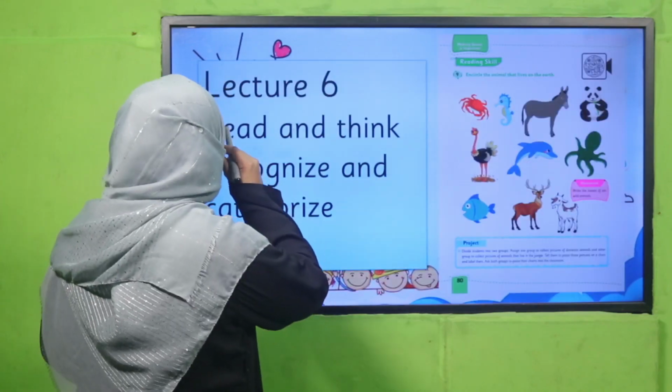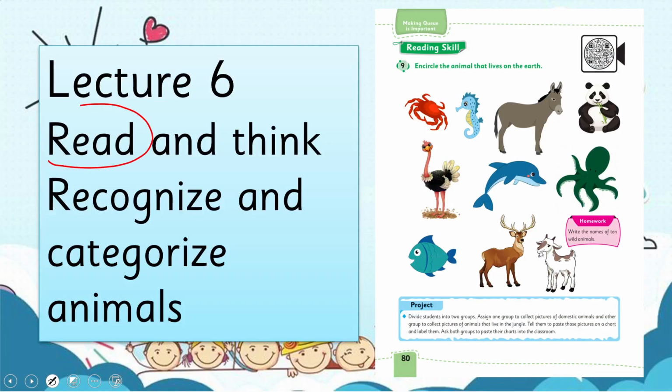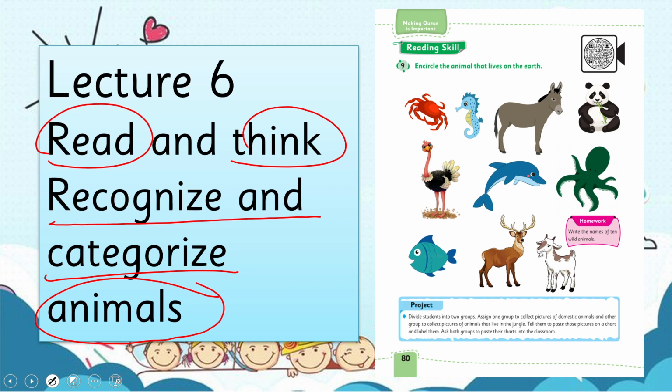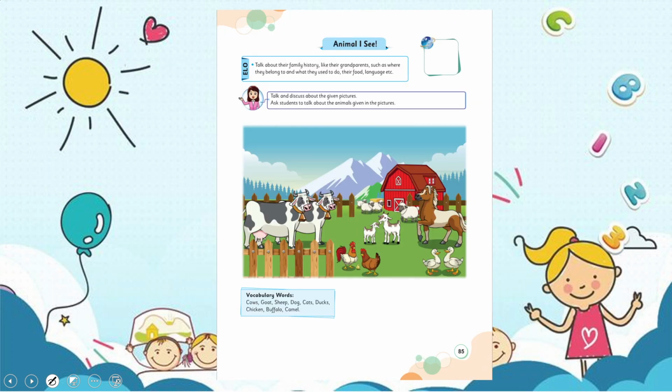Yes, my dear students, today under the title of Read and Think, we are going to recognize and categorize animals. Before this, in your GK primer, you have learnt already about animals, and I hope you remember what type of animals they were and how do we find out animals.